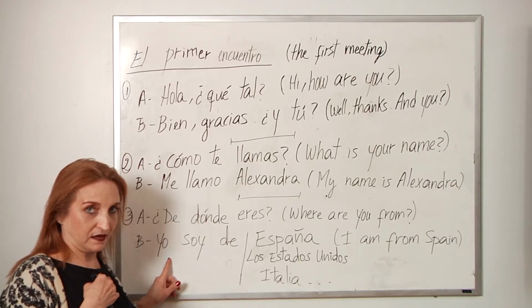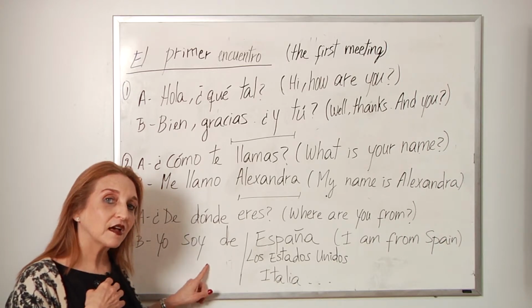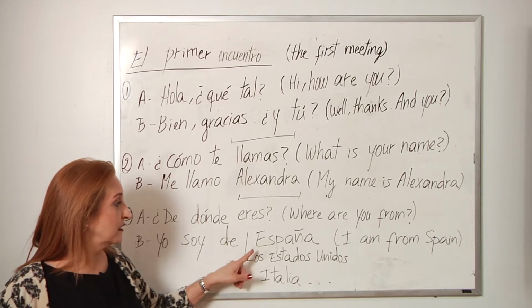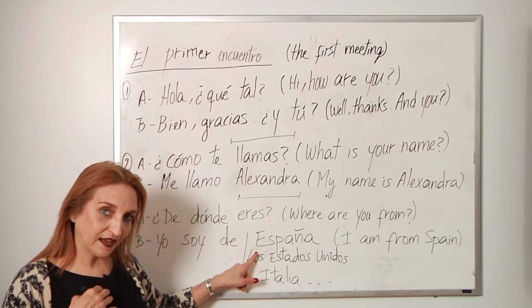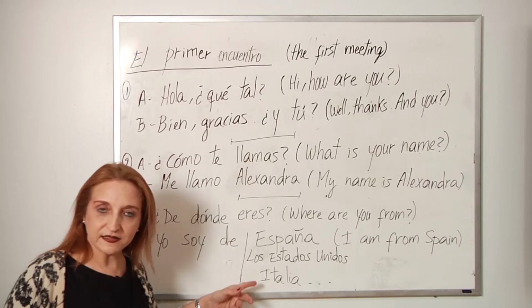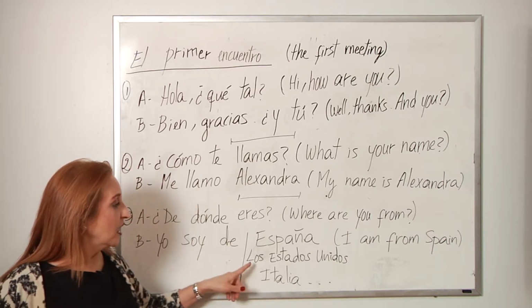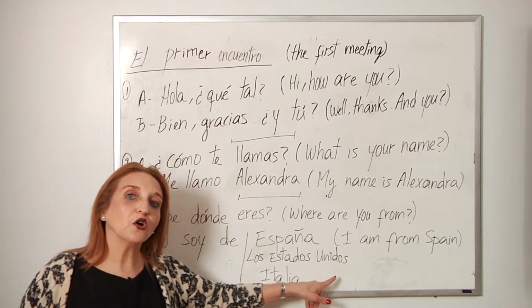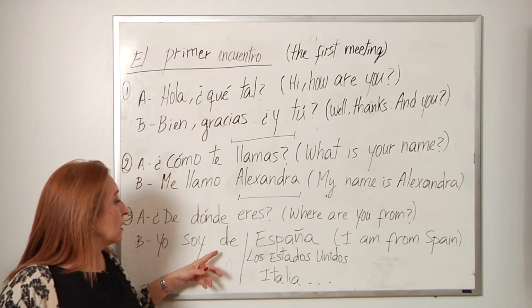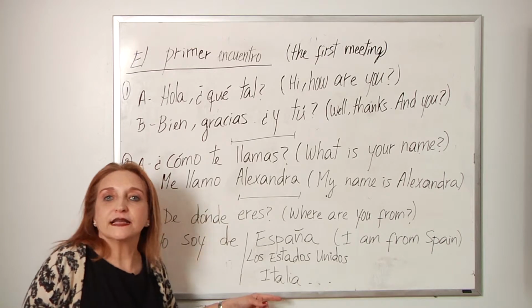Yo, I, soy, am, de, from. In this case, España, Spain. You can be from United States. Yo soy de los Estados Unidos, United States. Other countries. Yo soy de Italia, Italy.